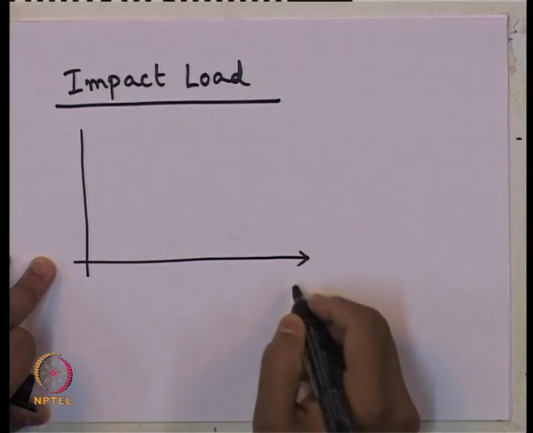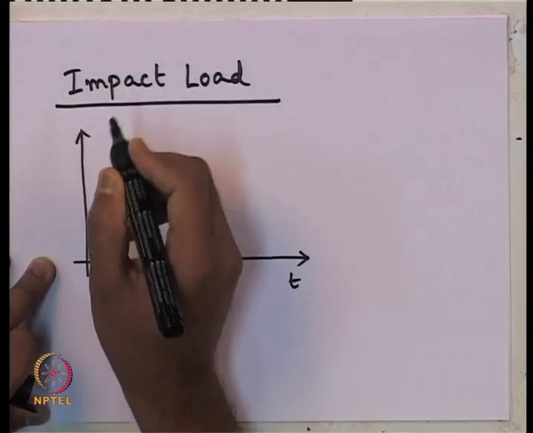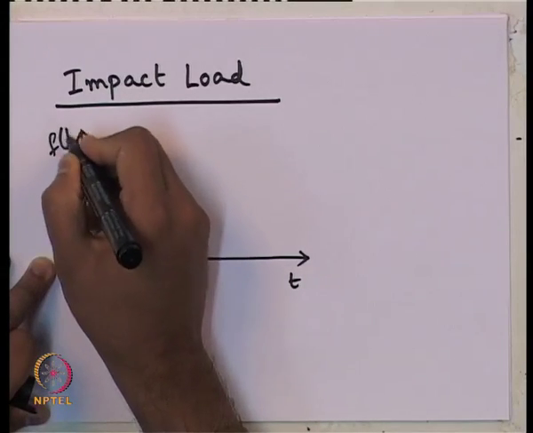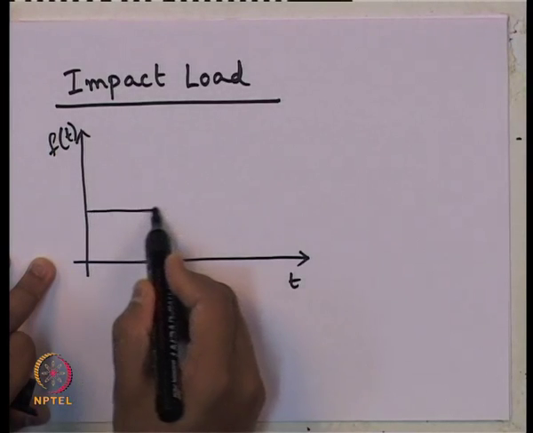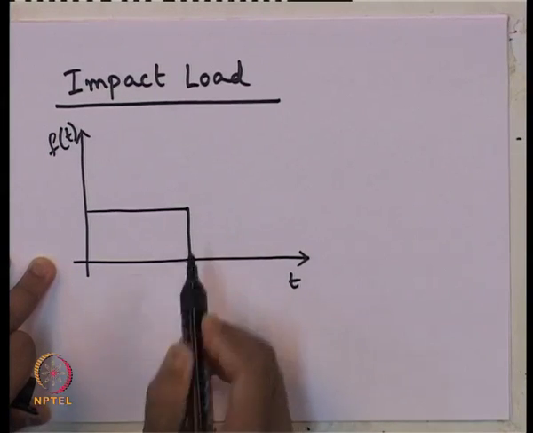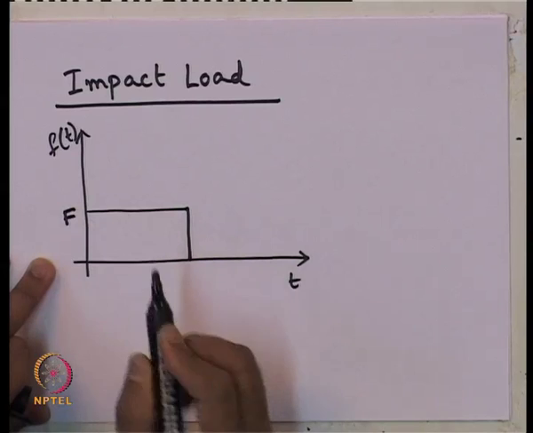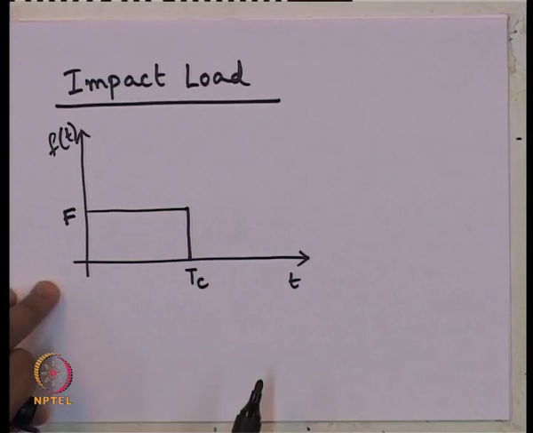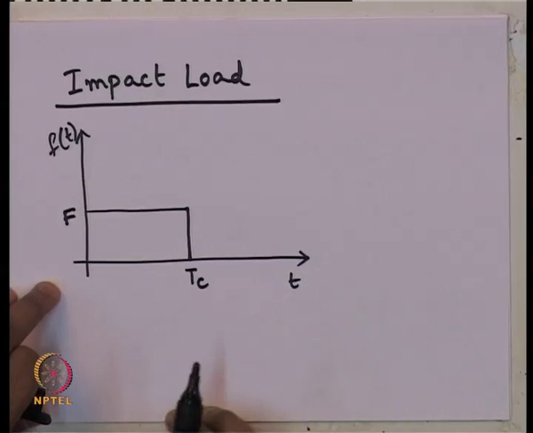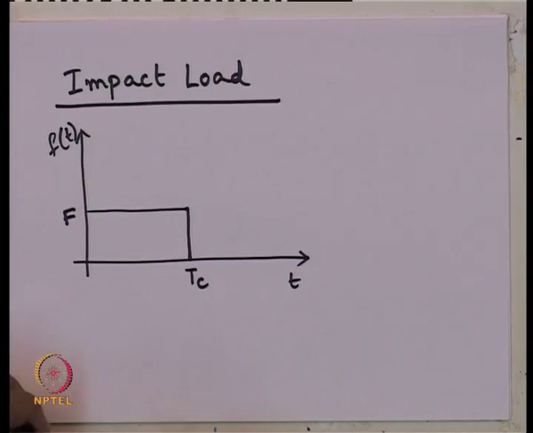What we have seen just now, a function f of t with respect to t, we have solved for this case f, T c. Just now we have solved for this kind of forced vibration, and we got the solution and response.